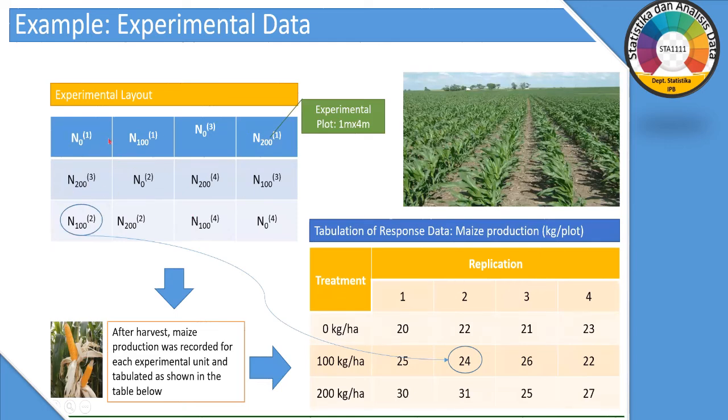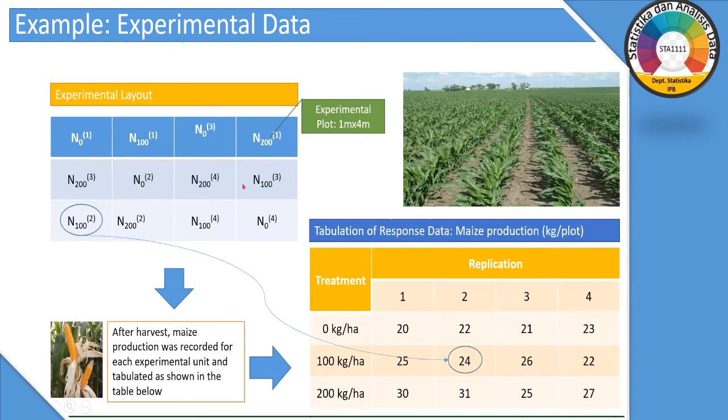Okay, and then after a few weeks, or maybe a few months, you measure the response. So you apply the dosage of the fertilizer on each plot with a different value, either 0, 100, or 200, on these 12 fields.